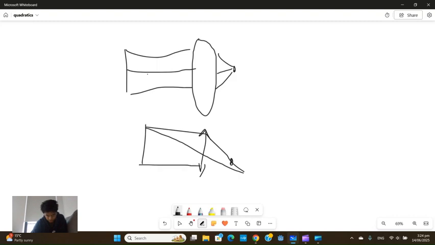If it goes from here through the focus to here, then it will come out straight, and now we have a point here in which we have the same point. Depending on where you place it, between focus and two focus, that'll determine the size of the object.